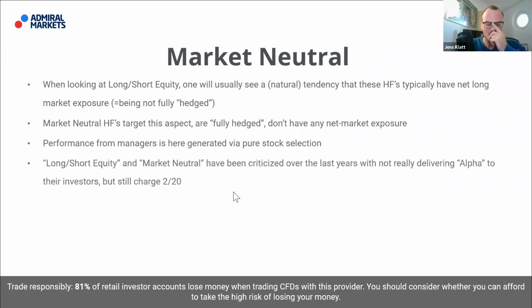And so let's come back to market neutral, respectively, long short equity in market neutral. They have been criticized, as I mentioned already several times over the last years, for not really delivering alpha, in fact. And alpha means that they deliver a performance which goes back, I don't want to get too academic here, to pure stock selection, where it's a skill.